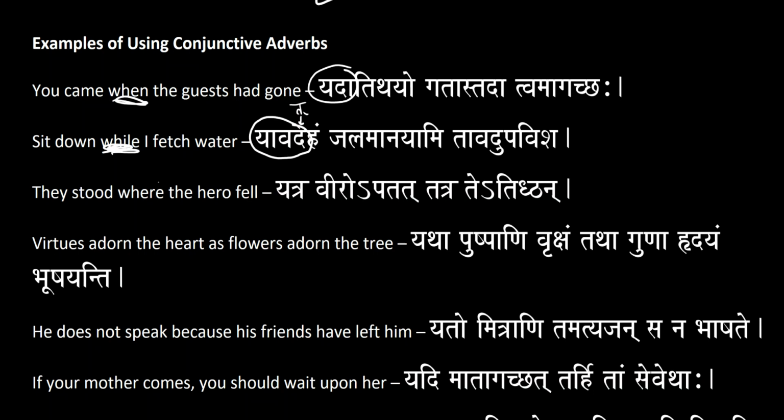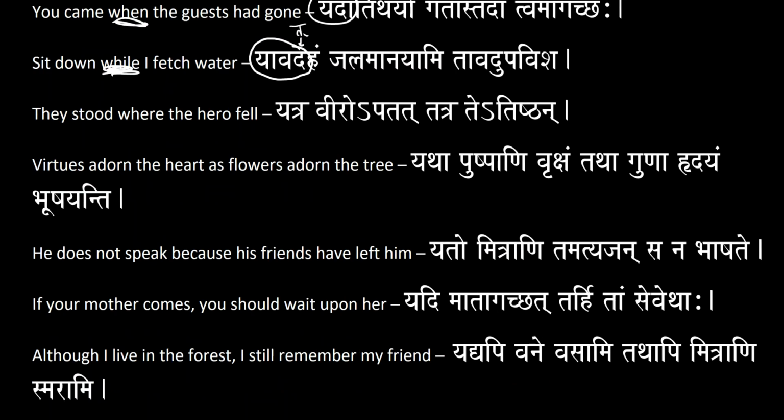Then the next example we have: they stood where the hero fell. Yatra viro apatat tatra te atishthan. So they stood where the hero fell. The word for where, the conjunctive adverb, is yatra. Next, we have virtues adorn the heart as flowers adorn the trees.